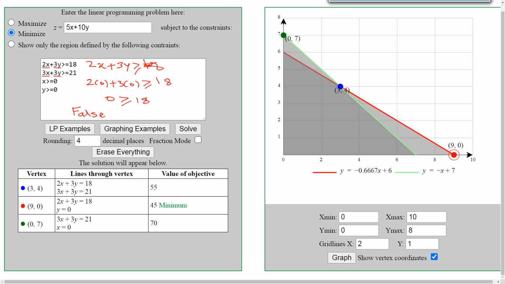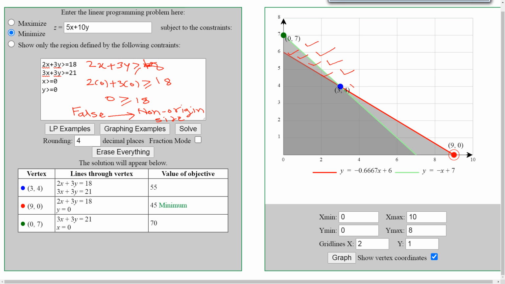So this is false. And if we get false, then which side of the line do we shade? We shade the non-origin side of the line. So let us shade the non-origin side of the line 2x plus 3y is greater equal to 18. It is represented in red color, this line 2x plus 3y.